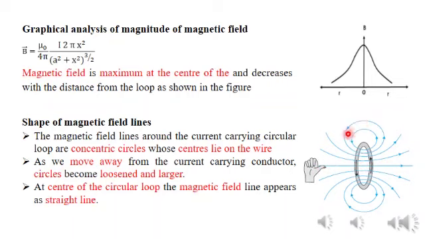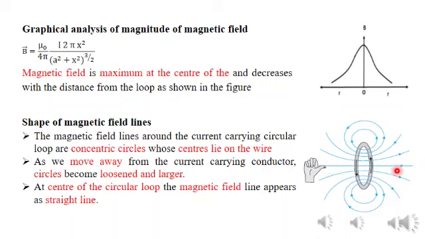When we observe from the left side of the loop, since current flows in clockwise direction, this side of the loop acts like a south pole and magnetic field lines direct towards the center of the loop and go like this.